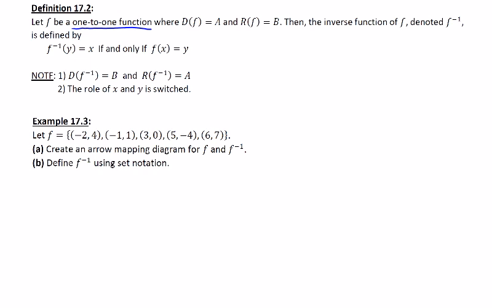If you go back and look at the previous example, example 17.2, both f and g, which were the cube root function and the cubic function, both passed the horizontal line test. Those are both one-to-one functions. And as it turns out, they are going to fit the condition for being inverse functions.